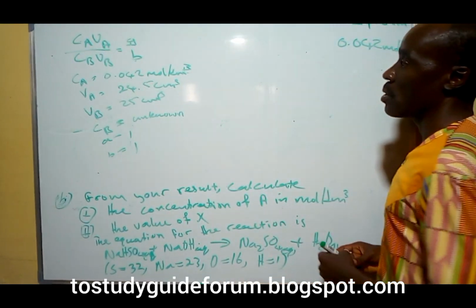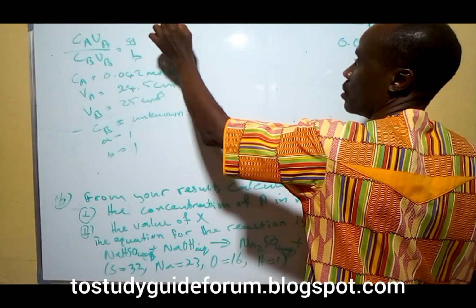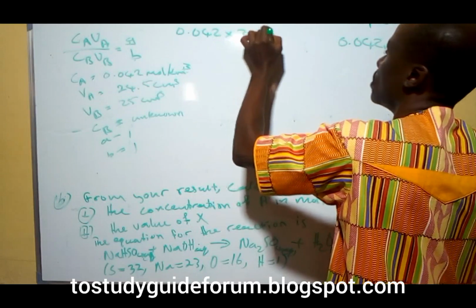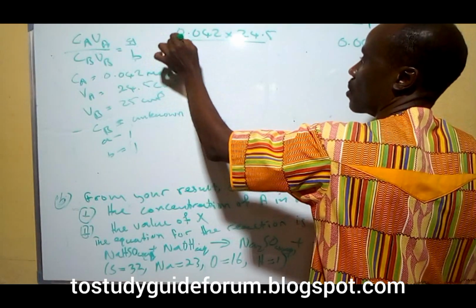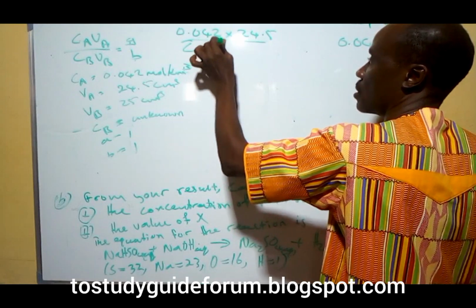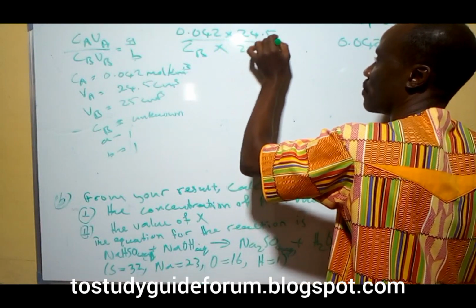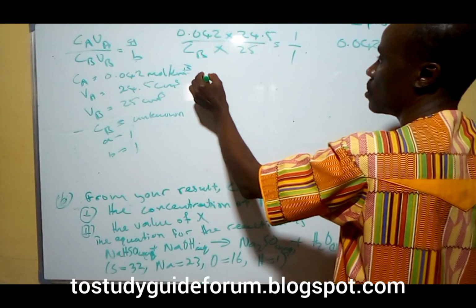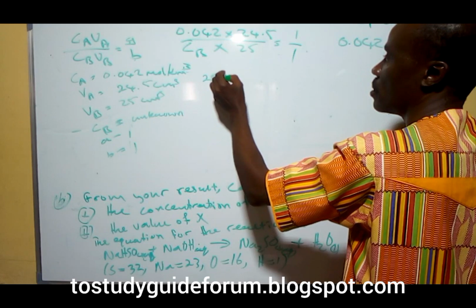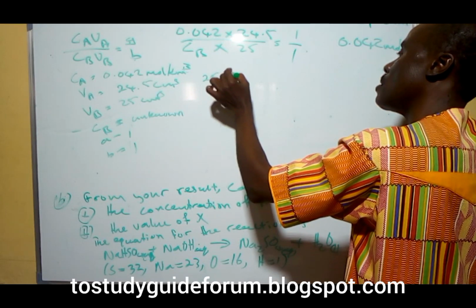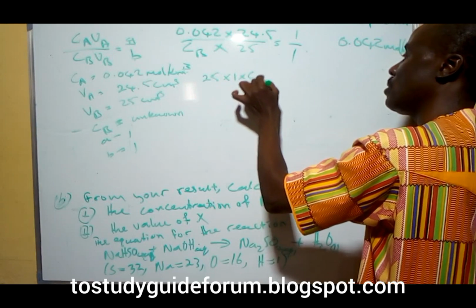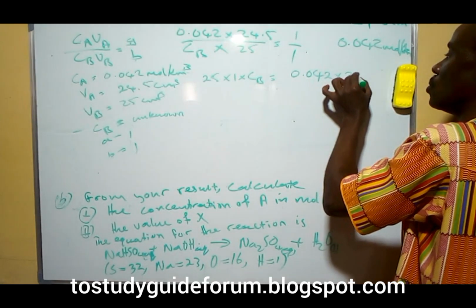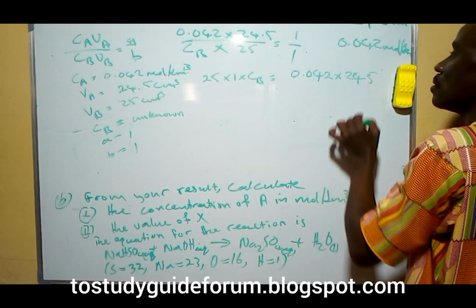In that case, we can substitute. The concentration of A times its volume, all over the concentration of B, which we don't know, times volume 25, equals 1 to 1. When we cross multiply, we have 25 times 1 times CB equals 0.042 times 24.5.